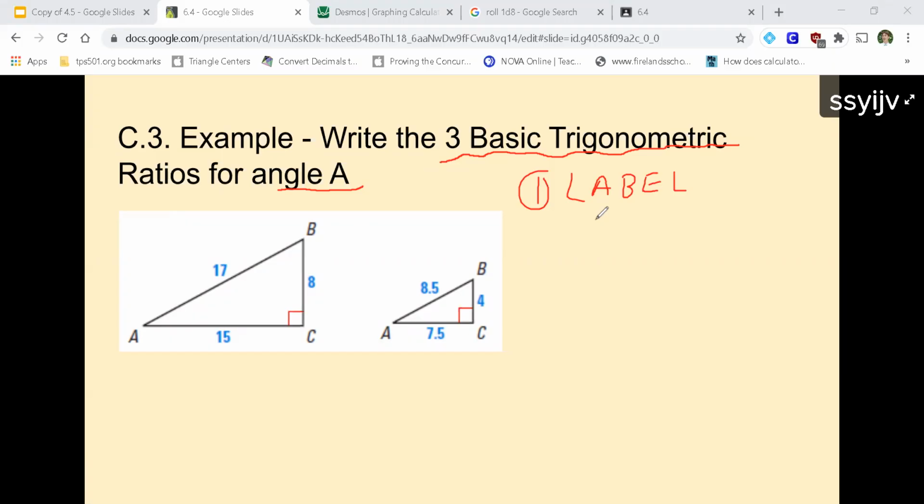So let's do this triangle first. If angle A is theta, the angle we care about, oh, we already did this triangle, didn't we? Right, 8, 15, 17. This is the opposite. This was the adjacent. And this was the hypotenuse.